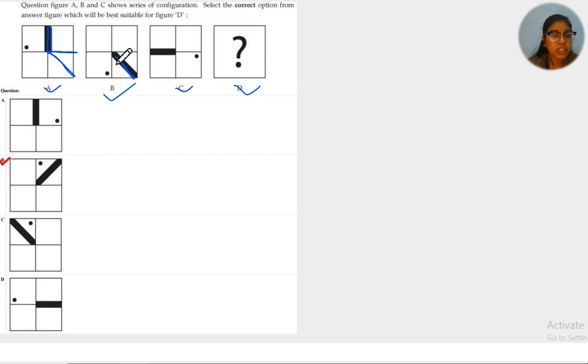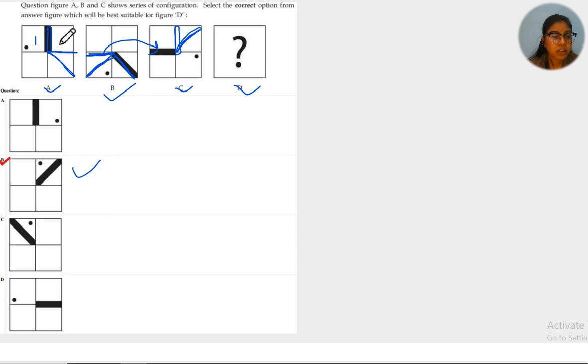Now let's rotate this again by 90 degrees, so it will come somewhat over here, and then next 45 degrees, so it will lie somewhat over here as you can see in option C. Further on, if we rotate it, here it will be your 90 and this way it will be your 45 degrees in the upper right hand corner. So according to this series of combinations, we come to the conclusion that it will lie in the upper right hand side of the box only.